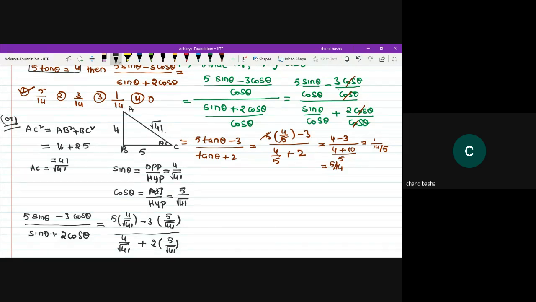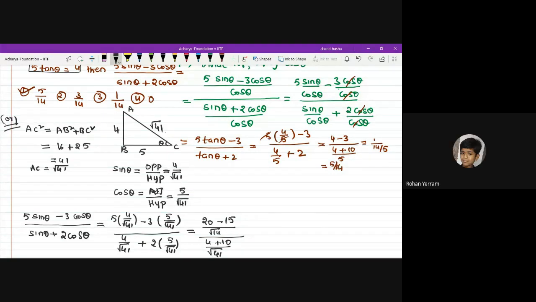Root 41 is the LCM here. So in the numerator, 5 into 4 is 20, minus 15, divided by root 41. In the denominator, 4 plus 10 divided by root 41.